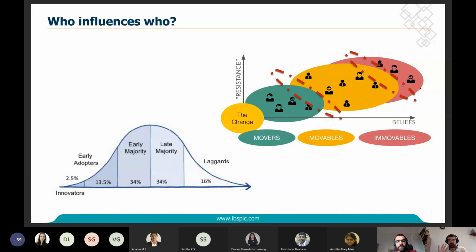And if they can, maybe they just decide not to make that change. But that's completely normal. It's just to try and identify where the people are. If you ask Danny and myself, we like the first model that Danny mentioned, the movers, movables, immovables, and the way that people can help create the change in others. And it's not just from one person.